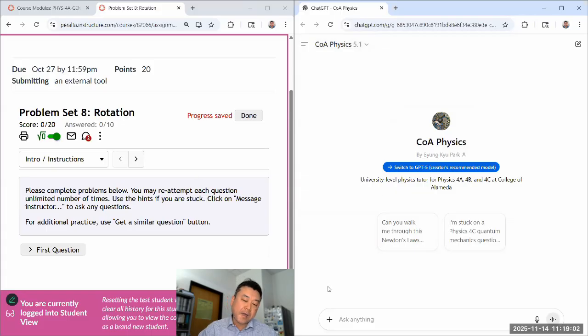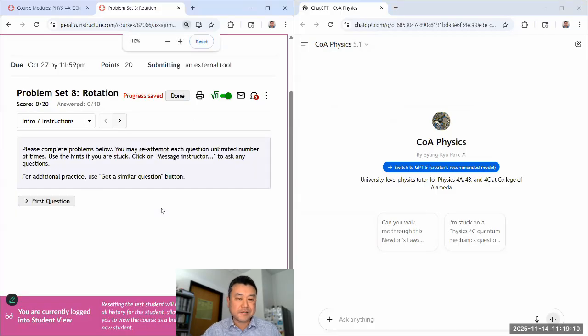One thing I noticed when I was testing this with Physics 4B is that in past alpha testing I just started out with a screenshot, and I think that puts it on a weird track where it doesn't do as well. I could be wrong, but either way, I'm going to start out with a set of instructions, an intro, saying hi, this is what I'm working on, can you please help?